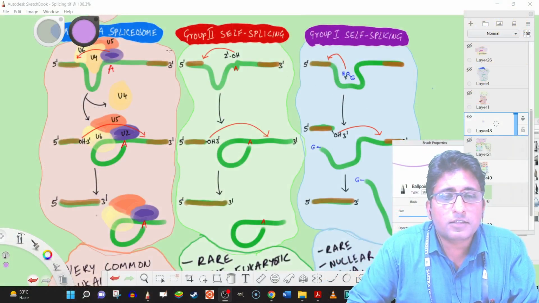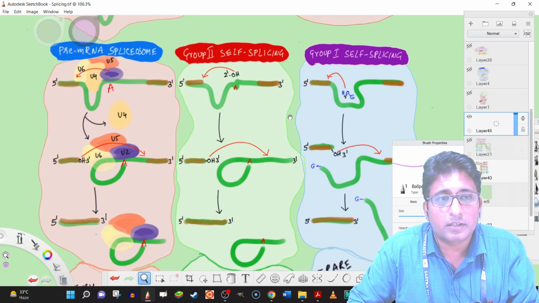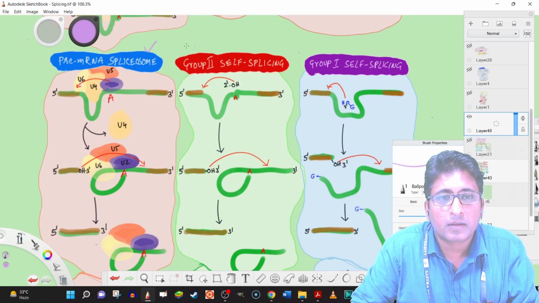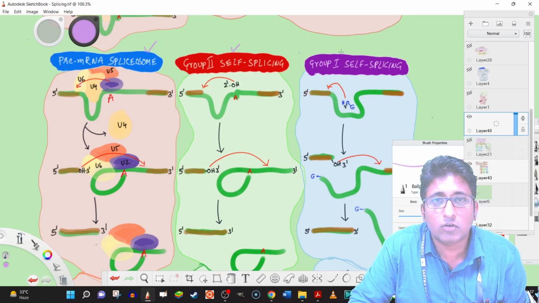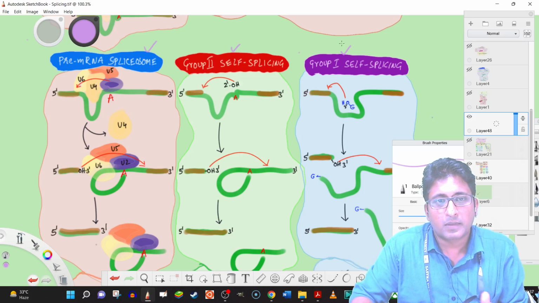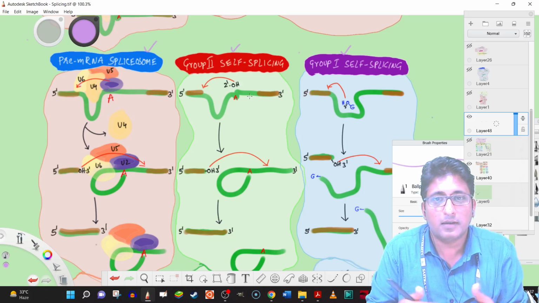So there are three different types of splicing machineries that we know of. One of them is the pre-mRNA spliceosome that's given here. The second one is called group 2 self-splicing, and the third is called group 1 self-splicing. As the terms indicate, group 2 and group 1 introns are self-splicing.